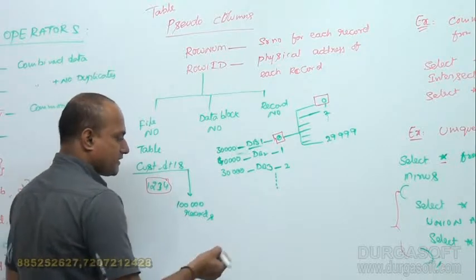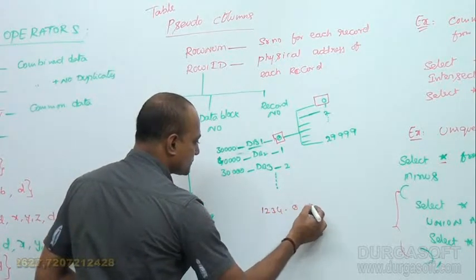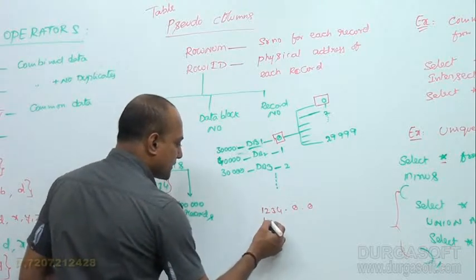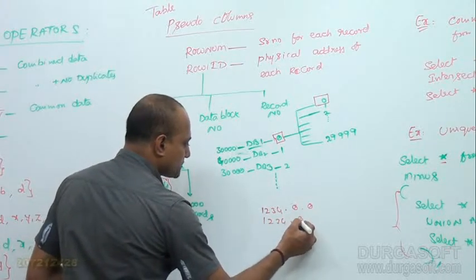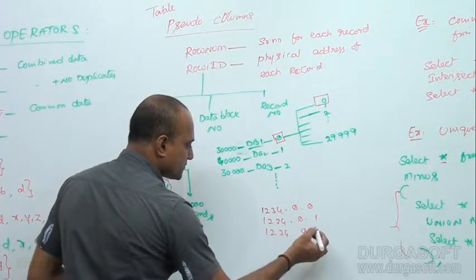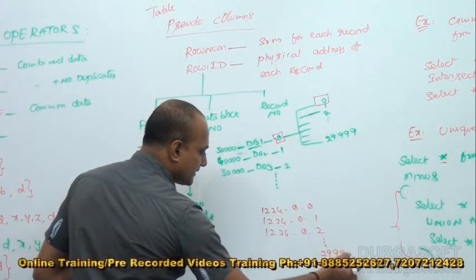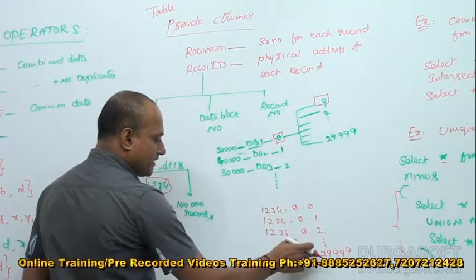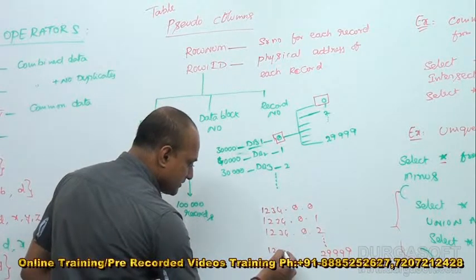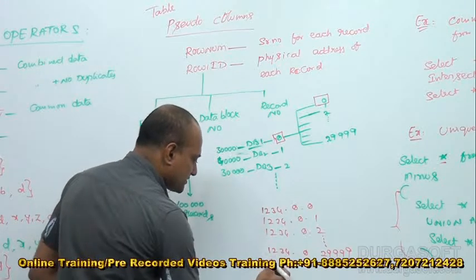So what is the first record address? 1234.0.0. What is the next record? 1234.0.1. Again 1234.0.2, up to 29,999.